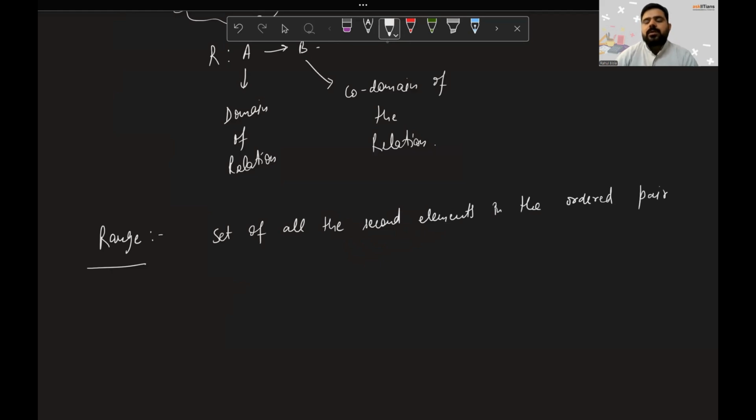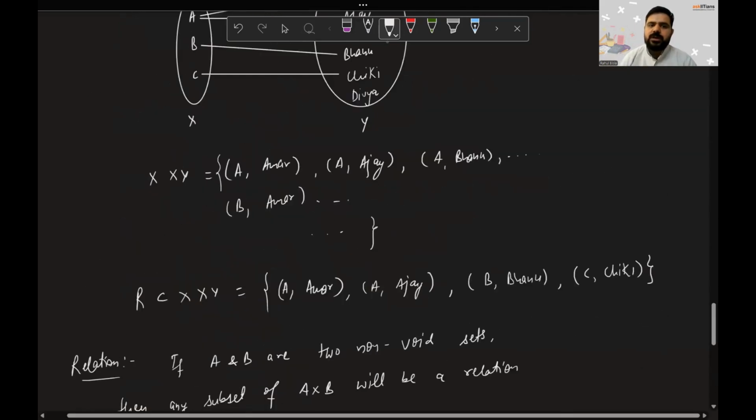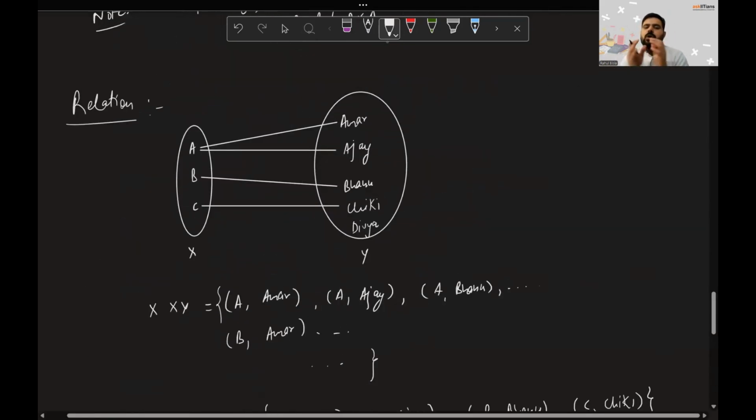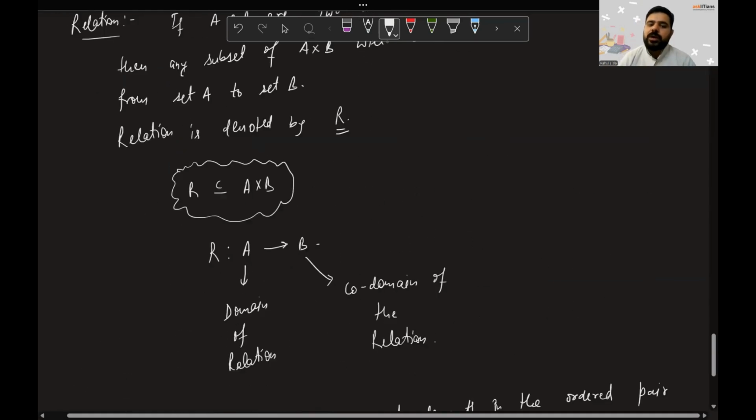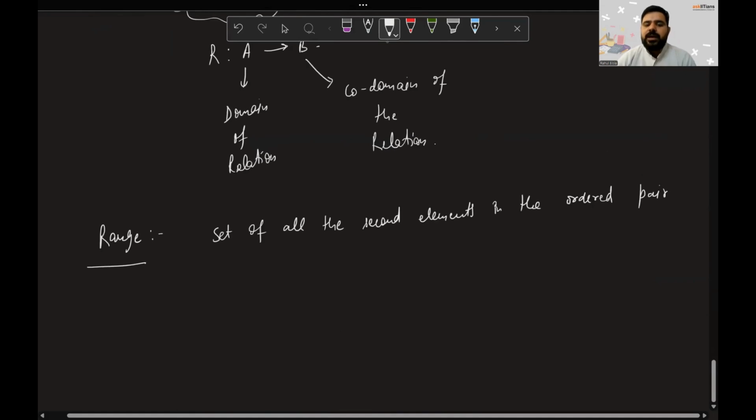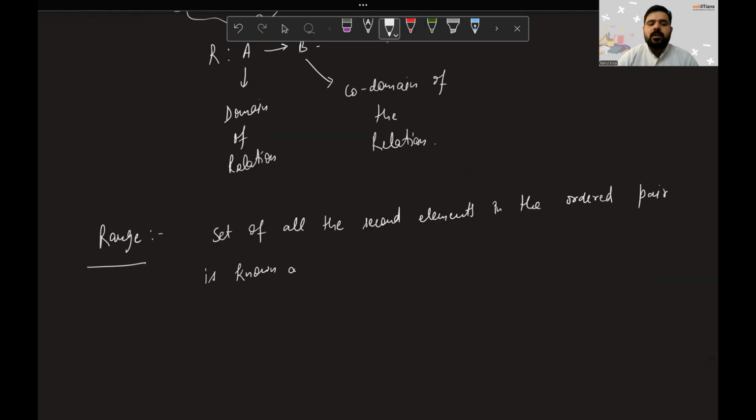You can see in the above example, Divya was not mapped to any of these. Amar, Ajay, and Bhanu and Chiki were mapped. So only Amar, Ajay, Bhanu, and Chiki will be a part of range, whereas Divya will be a part of codomain, but Divya will not be part of the range. So I hope that is clear to you guys, right? So set of all the second elements in the ordered pair is known as range.